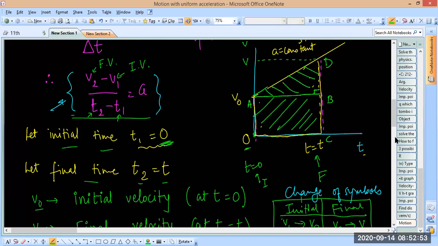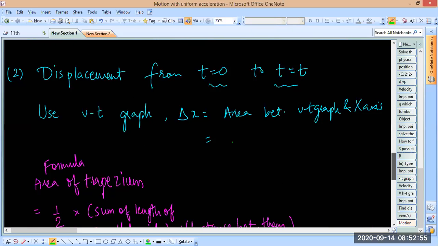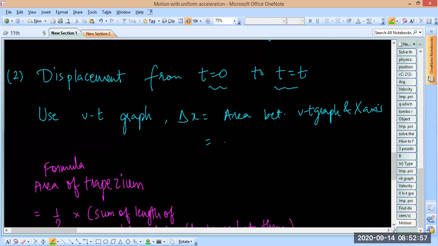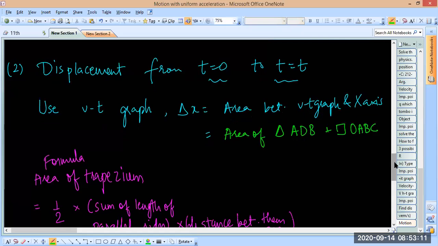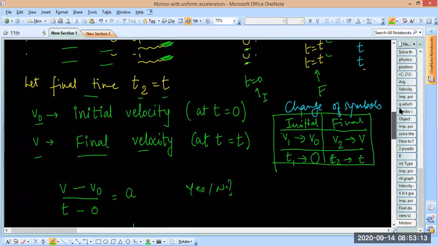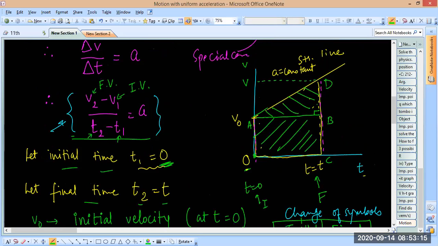So this is equal to area of triangle ADB plus area of parallelogram OABC. Can you see it here?